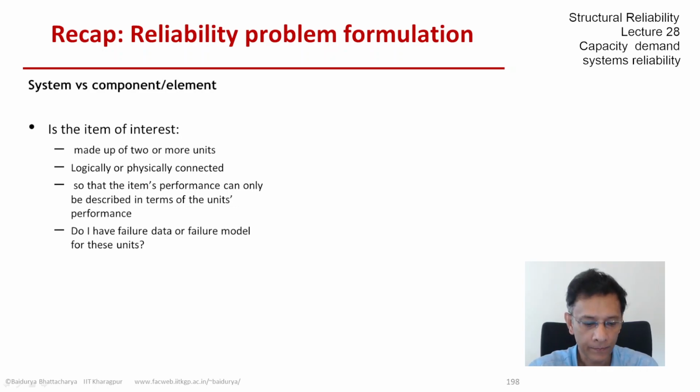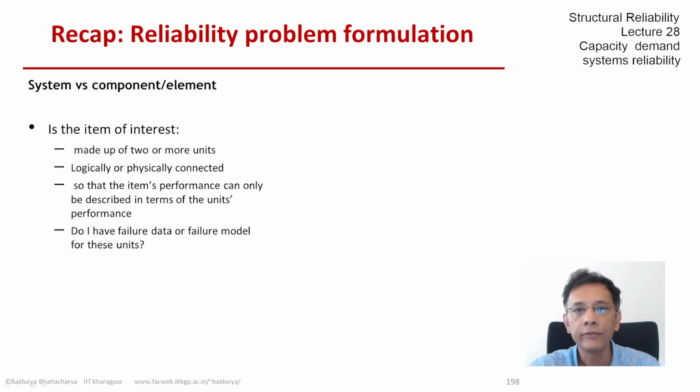That is the key part. If I am able to define the system's performance with just one condition, then it doesn't matter how large or complicated the system is, I would treat it as one component, one element.